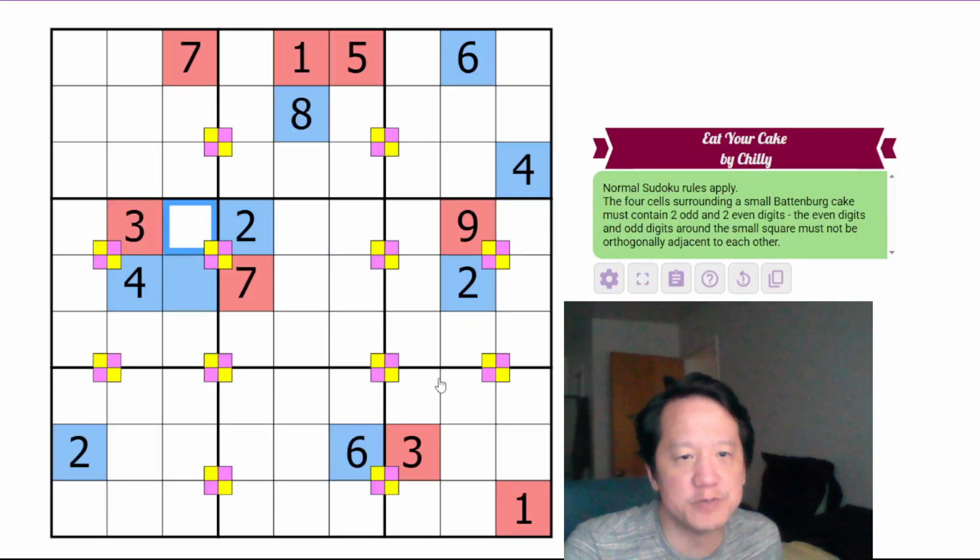So therefore, this must be even. This must be odd. Same here. This must be odd, and this must be even to match the pattern of the Battenberg cake. This is even. This is odd. This must be even, and this must be odd, which makes this even here, which makes that odd there.